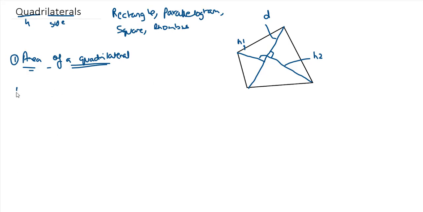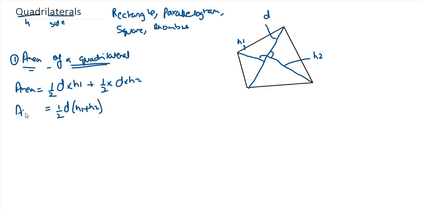So area of triangle, as we know, is given by half base into height. So for the upper triangle it will be half d into h1. For the lower triangle it will be half d into h2. We can take half d common, we'll get half d into h1 plus h2. So this area of quadrilateral you can use for any of the above mentioned quadrilaterals.